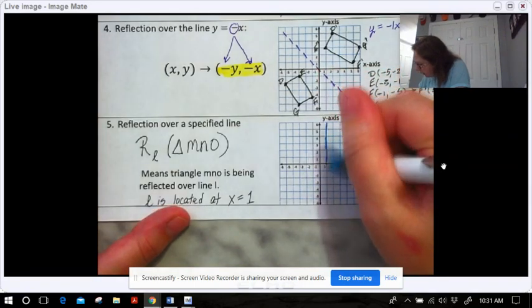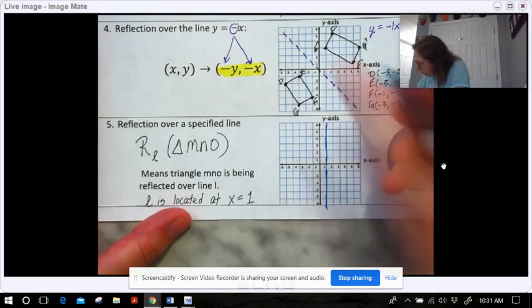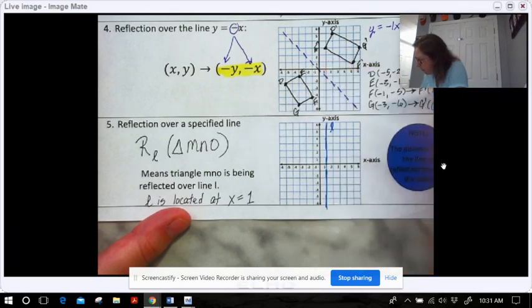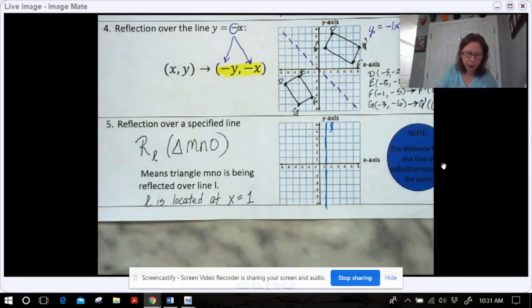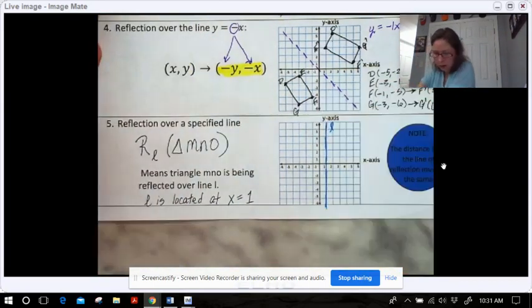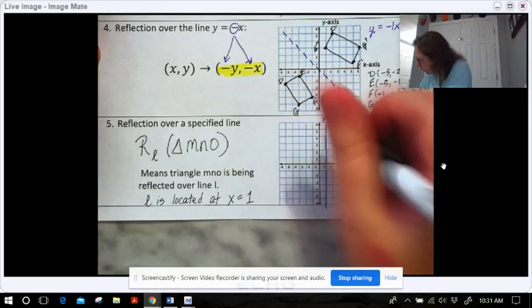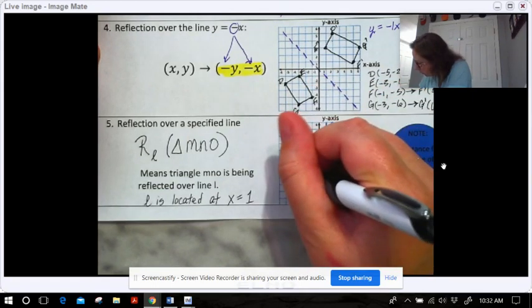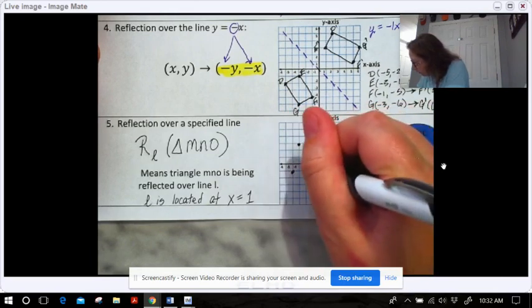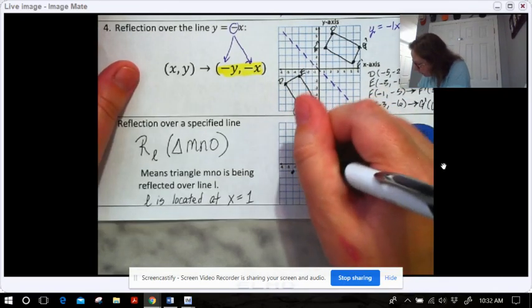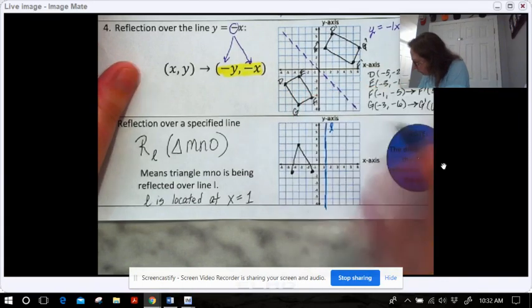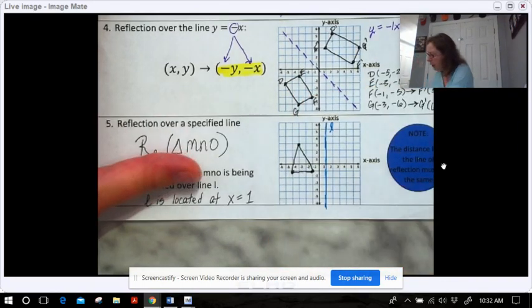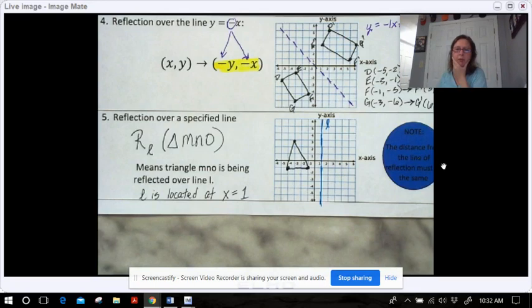This is line L, okay? So I am going to create a triangle. Switch back to black. Okay. So here's my triangle, and I'm going to reflect it over line L.